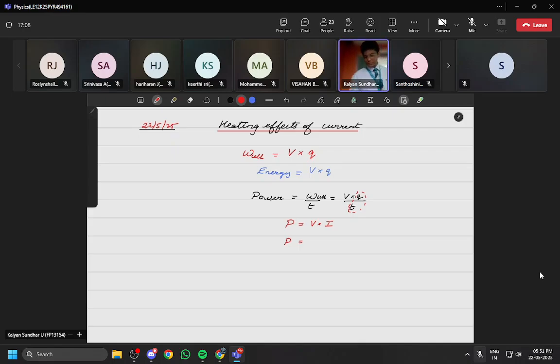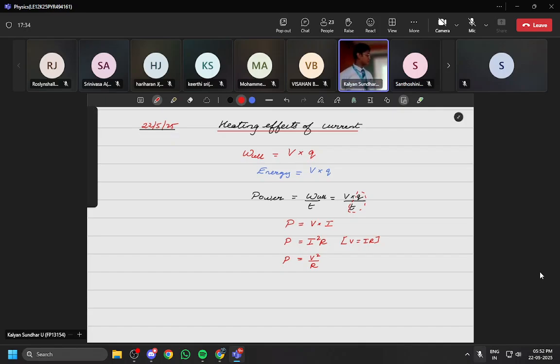And in some other terms, I square R. For I square R, substitute V as IR. And the second one is with respect to your potential and your resistance.